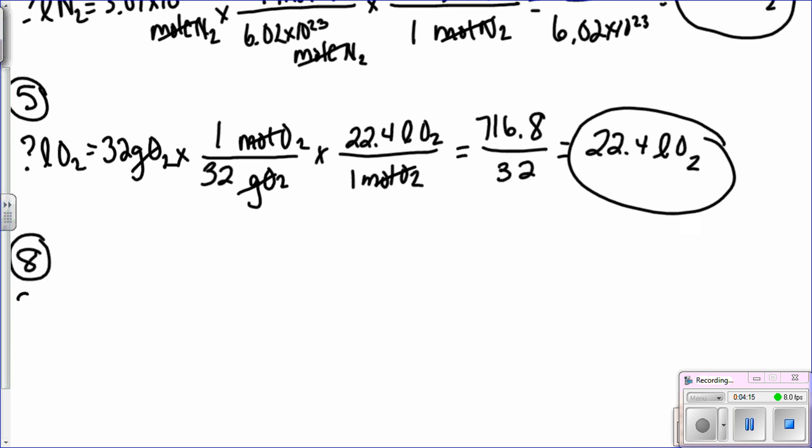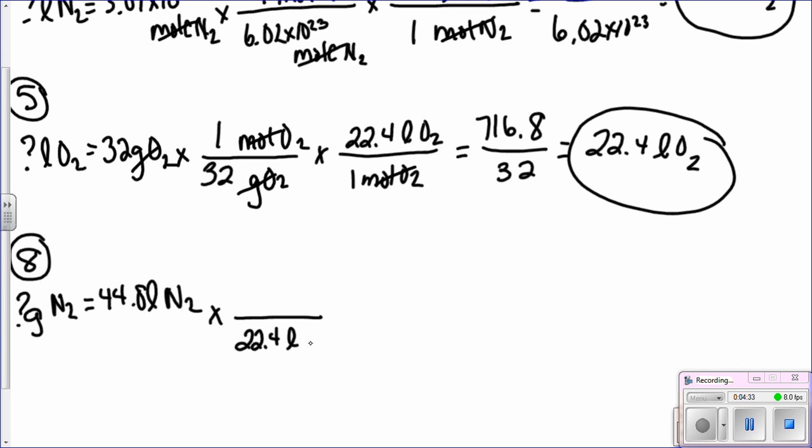So in number 8, we want to know how many grams of nitrogen if we have 44.8 liters of nitrogen. So this time we're going to have our 22.4 liters of nitrogen in the bottom, and our moles of nitrogen will be in the top. And since both substances are the same, it's to 1 mole. Then we'll go moles of nitrogen in the bottom to our mass of nitrogen.